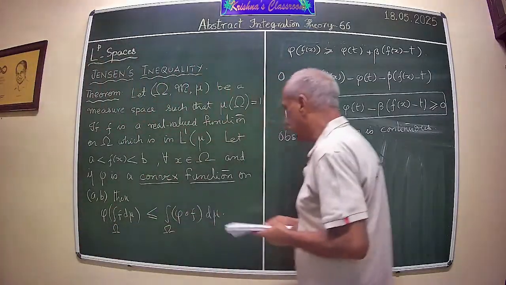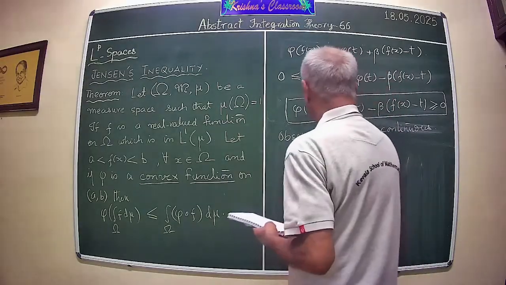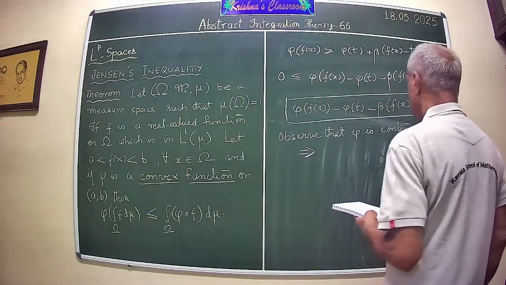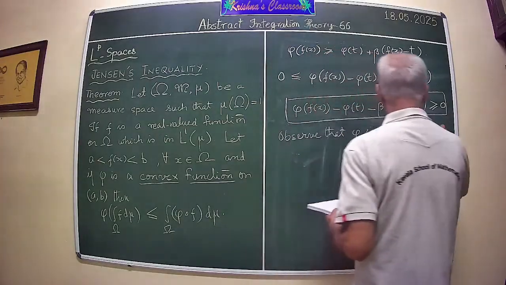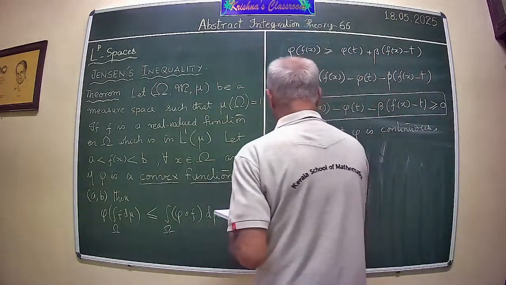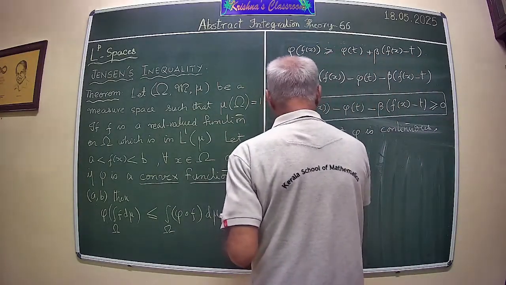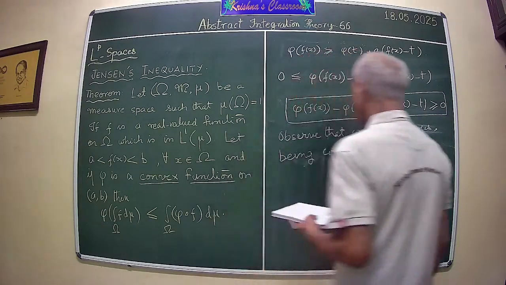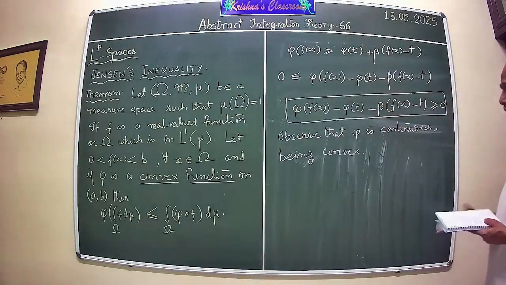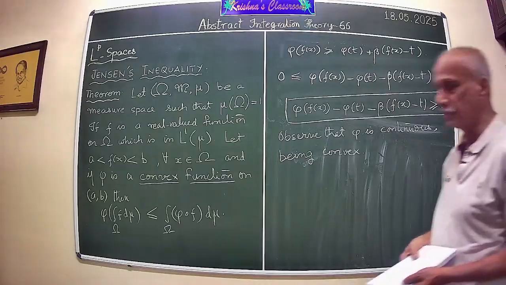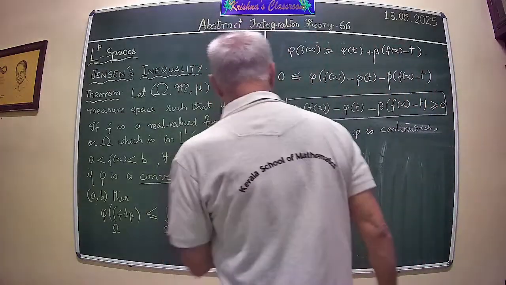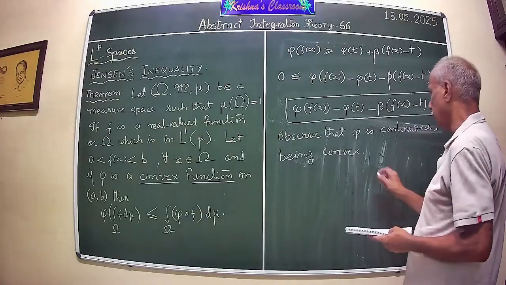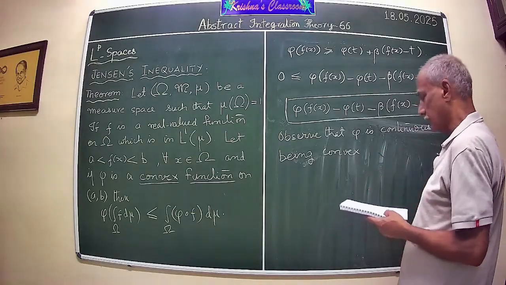In the beginning of the previous lecture, we have proved that phi is necessarily a continuous function, it's convex.